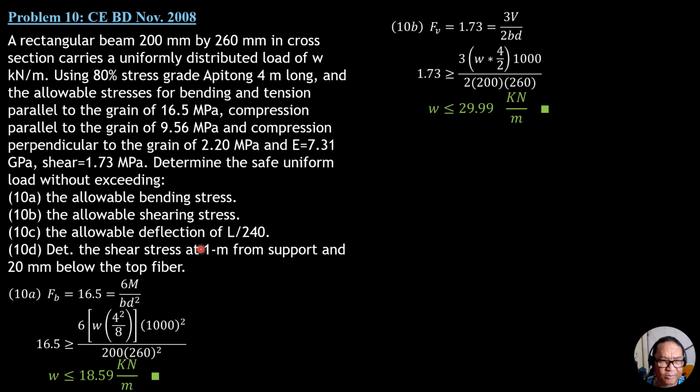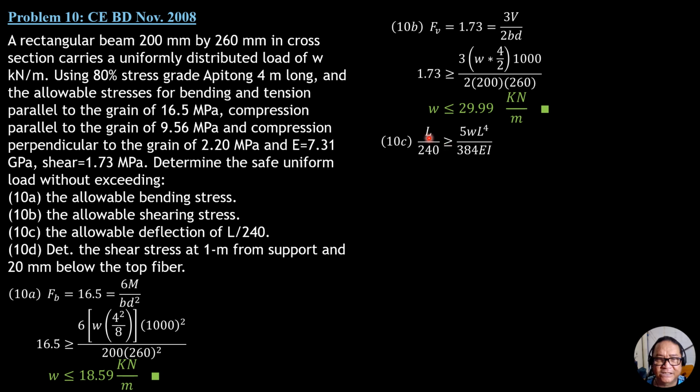Then C, the allowable deflection, L over 240 should be greater equal to formula for maximum deflection for beam, 5WL to the fourth over 384 EI, when the load is uniform over the entire span of a simply end supported beam. So substitute, we convert everything to units of Newtons mm.